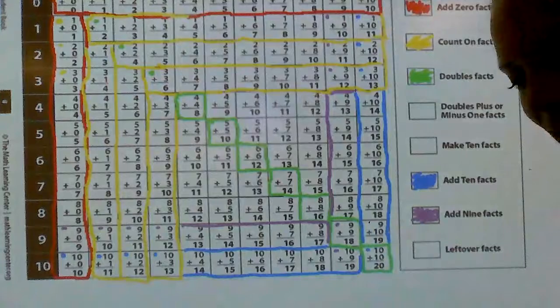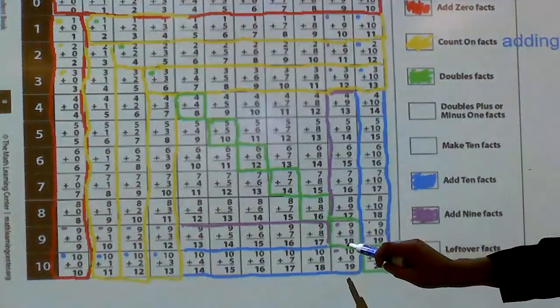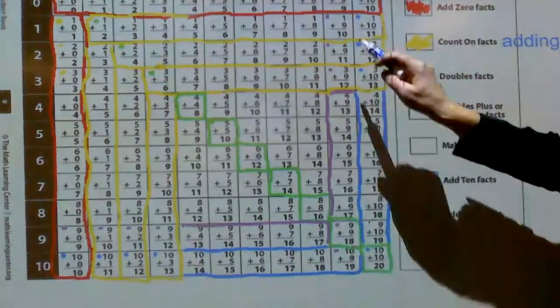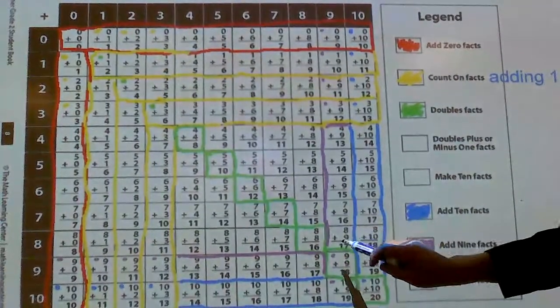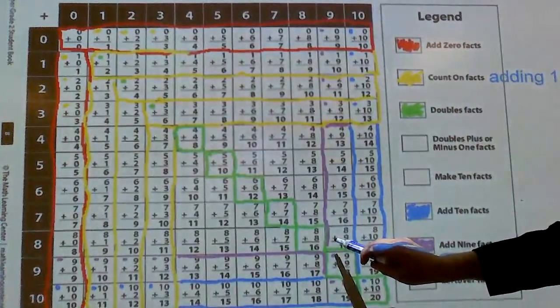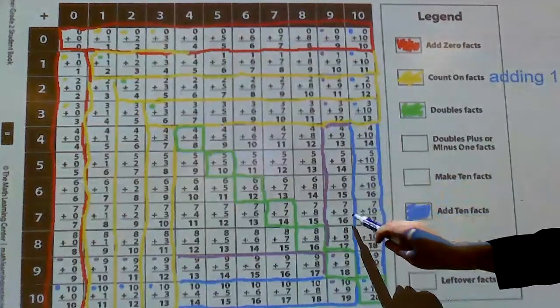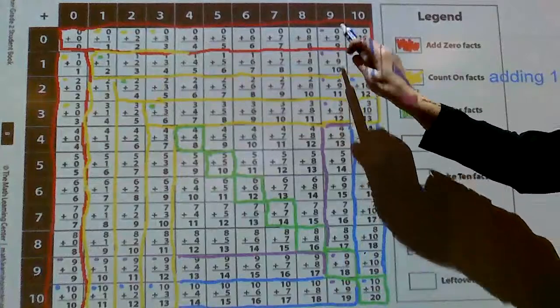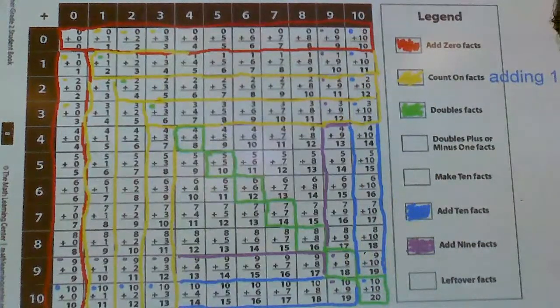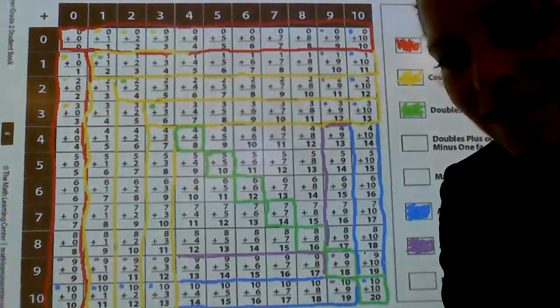I forgot that one. And then I go up from there. Here's the 9 column starting on top. And I put a box around my add 9 facts. And then I put a purple dot in the rest of them. Pause the video and do that.